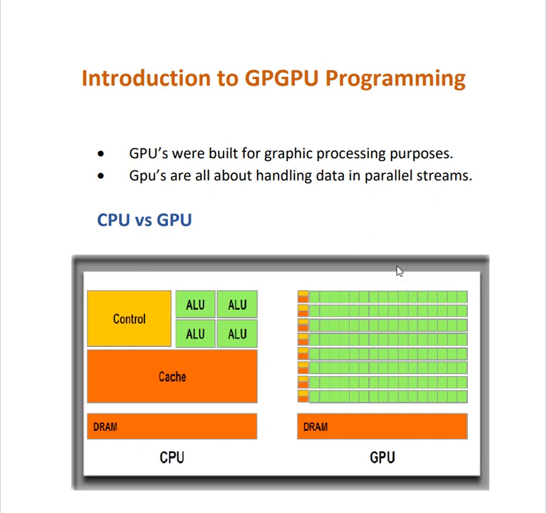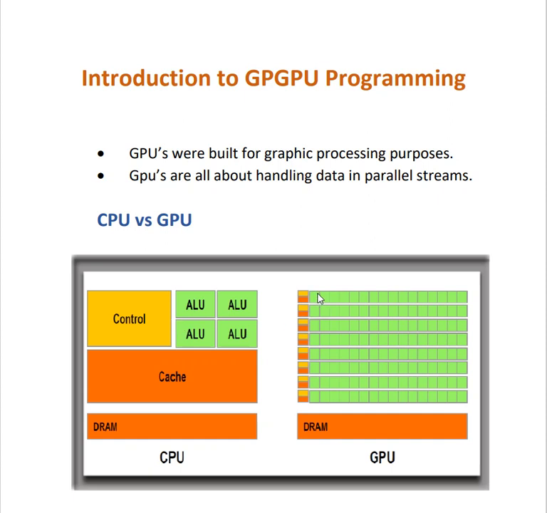But when we look at the GPU image, the number of ALU units is very high, and I think we can see there are thousands of ALU units included in a GPU. We can even call these ALU units cores because the execution happens inside the ALU unit. So the number of cores in a GPU is very high compared to the number of cores in a CPU.